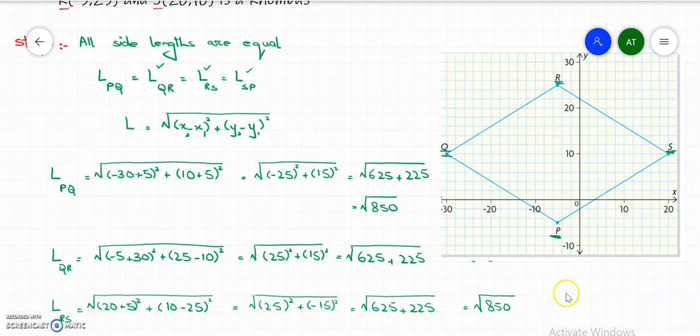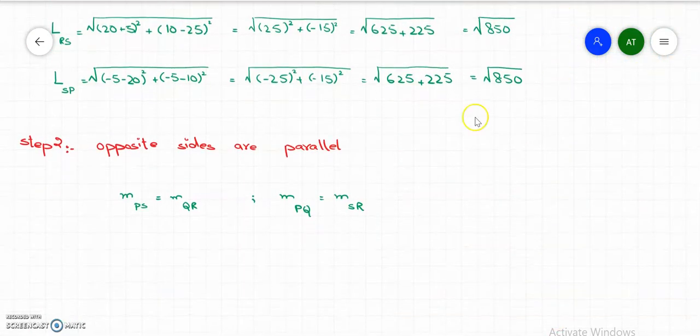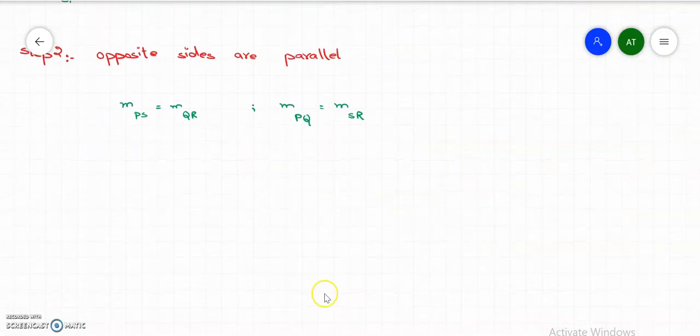Now let's find out the slope of the points. When we are given 2 points, how do we find the slope? We have to use a formula, slope equals y2 minus y1 over x2 minus x1. Now let's begin with the slope of PS.